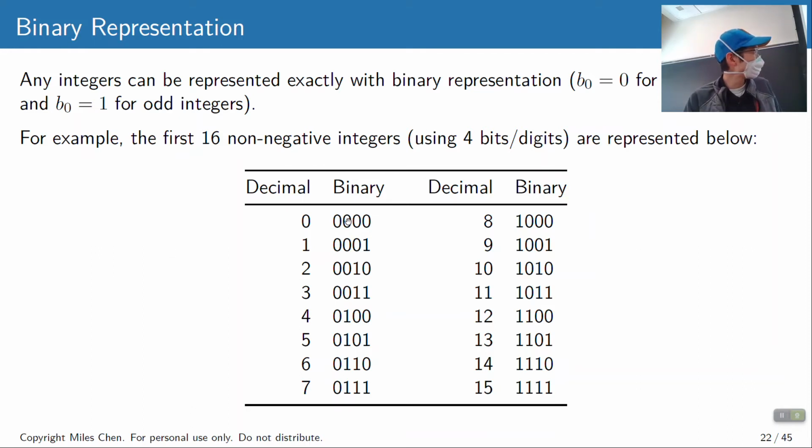If I'm just using 4 bits here, I can represent 16 different values, starting at 0. Decimal value 1 would be all zeros and a 1 in the ones place. 2 would be a 1 in the twos place and a 0 in the ones place. 3 would be 1 in the twos place, 1 in the ones place. 4, I would have 1 in the fours place, 0 out here, and 5, and so on and so forth.